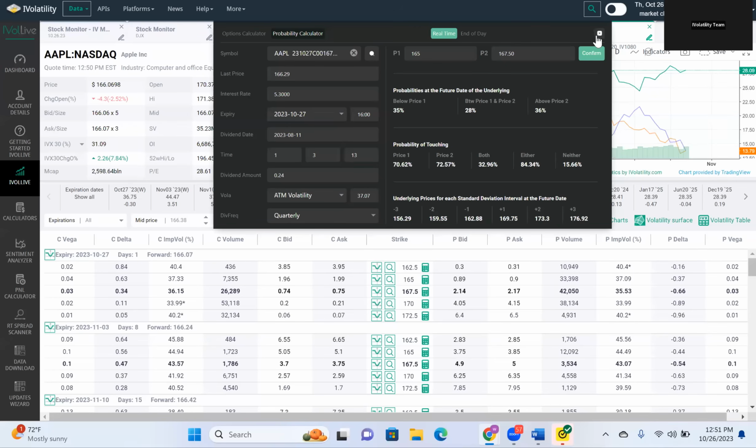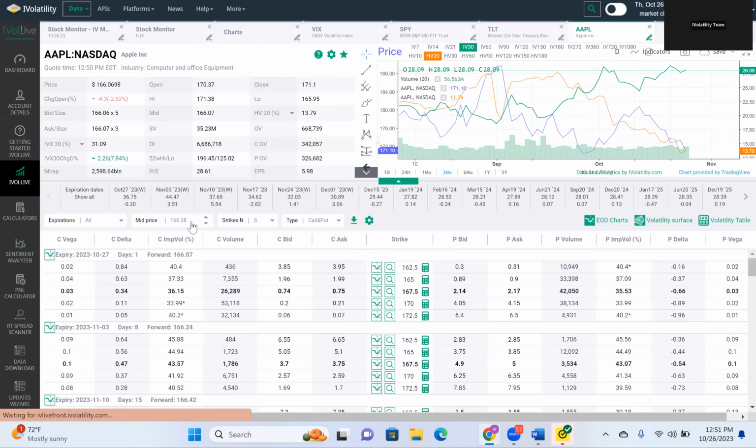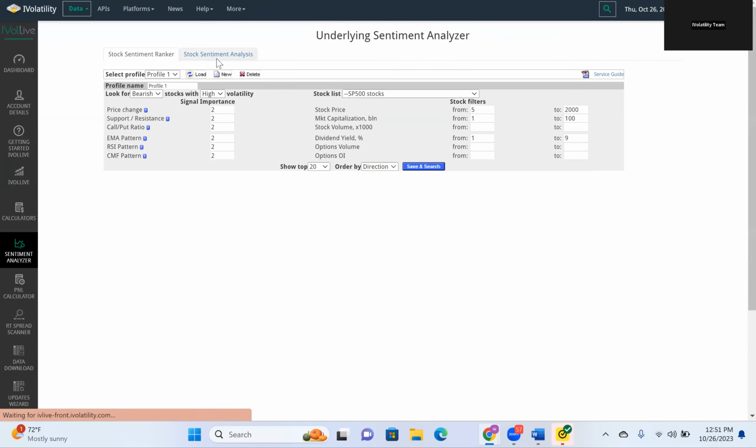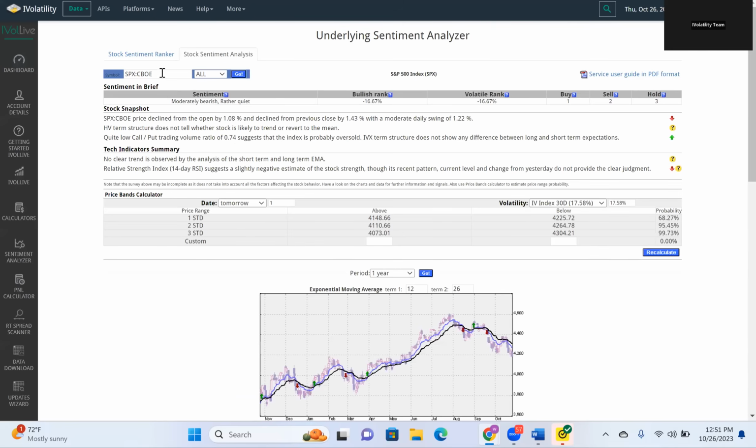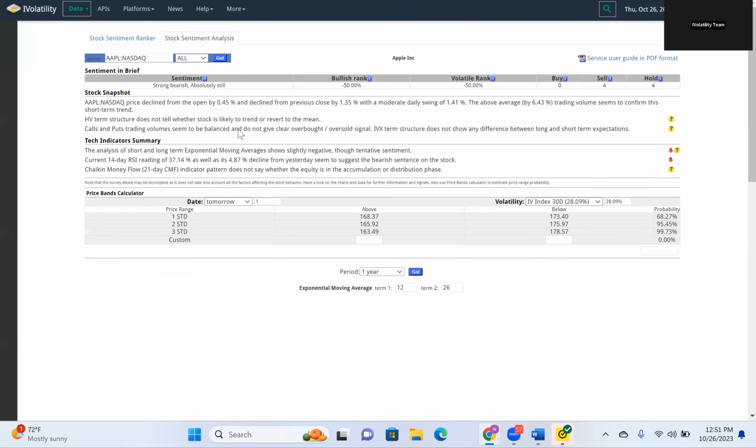So once I have that analysis in tow, typically I'll just breeze over this. I'll go to Sentiment Analyzer, click on Stock Sentiment Analysis, and then key in the particular stock that I'm looking at. I just do that to double check my thesis. Let's see, Apple, enter, here we go.